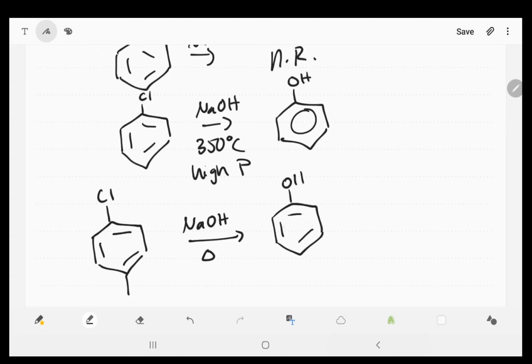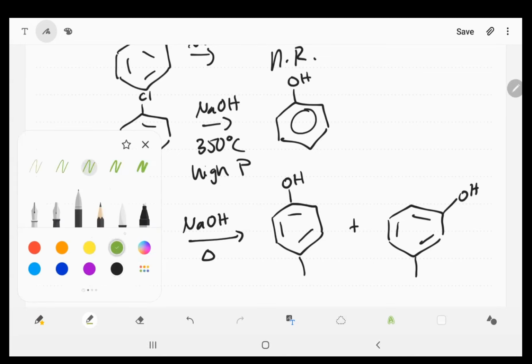So the first one is the product we expect, right? Substituting our chlorine out, and now we have our hydroxy group. But we also get this, and it's even weirder. We get it also on a meta position, or not necessarily a meta position, but a position adjacent to where our leaving group was.